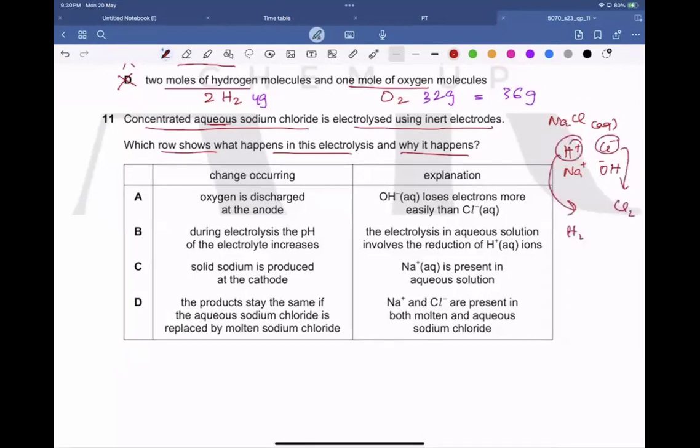So the change occurring: oxygen is discharging at the anode? No. During the electrolysis, the pH of the electrolyte increases. Yes, if you see, because the hydroxide ions are left in the electrolyte, so it is possible. The electrolysis in aqueous solution involves the reduction of hydrogen ion.